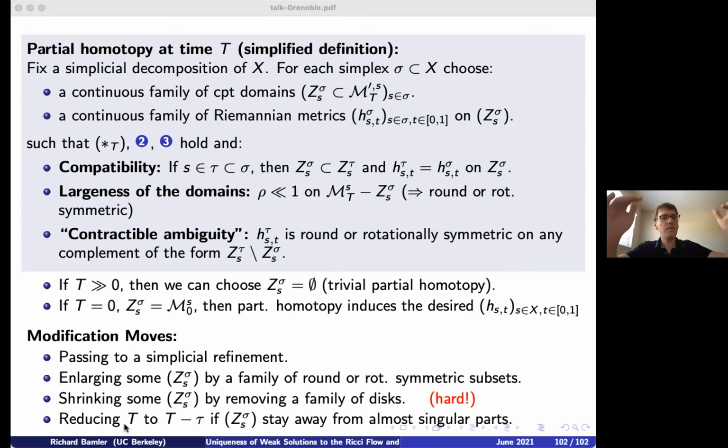Then we move backwards in time because we're going to stay away from the almost singular part. In this step, we concatenate these HSTs by the corresponding almost Ricci flow, the rounded Ricci flow. After iterating this procedure, we can start with an empty partial homotopy, and we obtain back a partial homotopy at time 0, which solves the problem and proves the theorem.